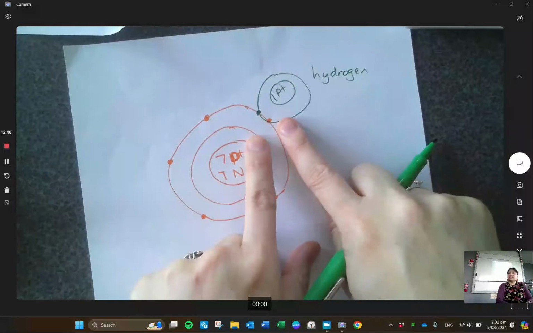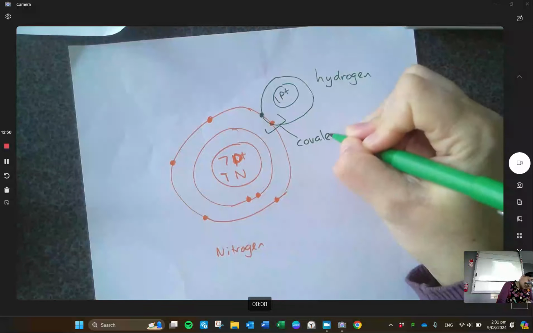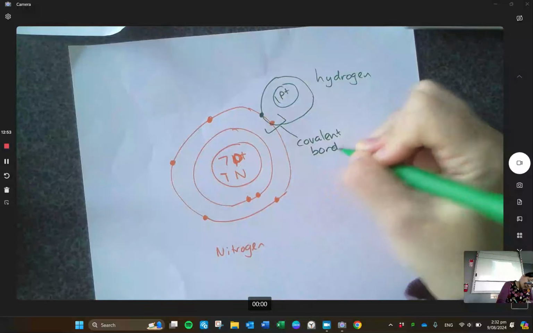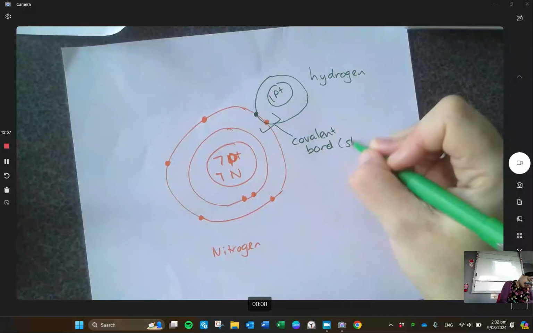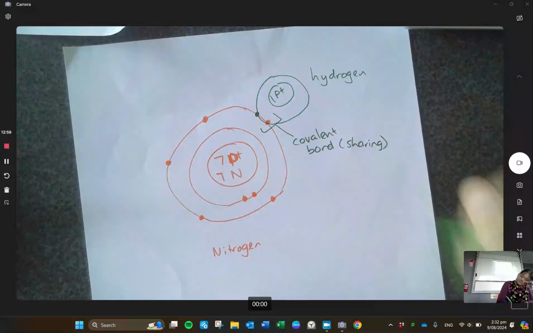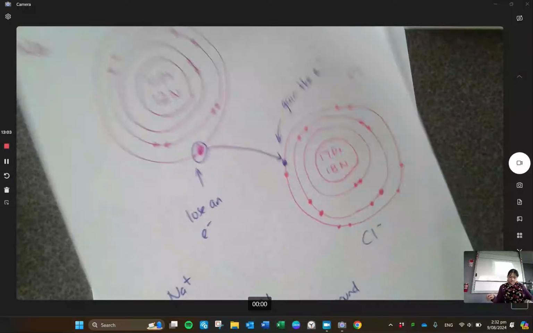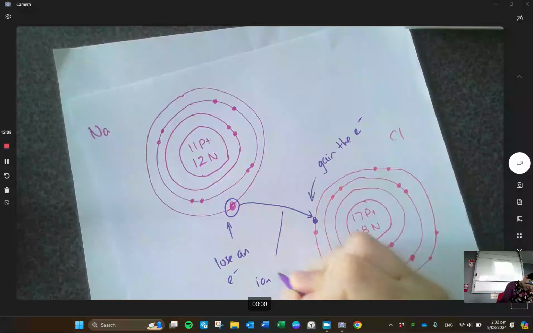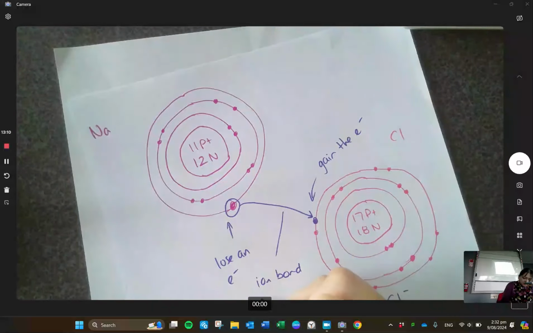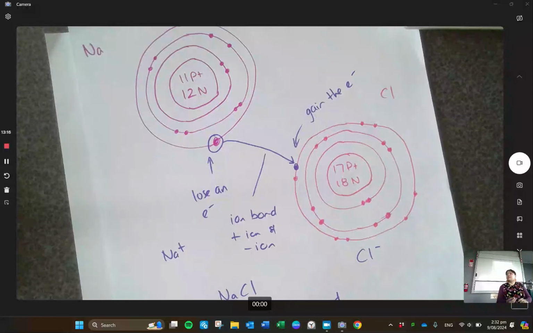They're sharing it. And this sharing process we call a covalent bond. So that's sharing electrons versus transferring electrons. When we talked about ionic bonds, that's the attraction between the positive ion and negative ion. So different types of bonds.